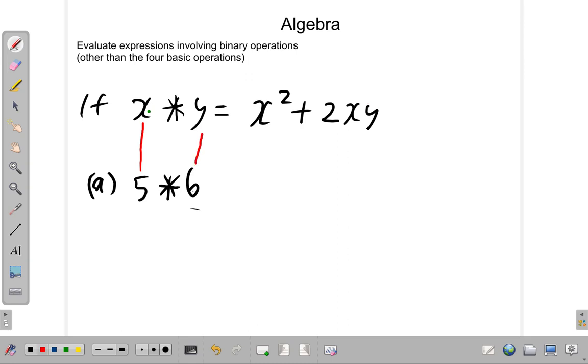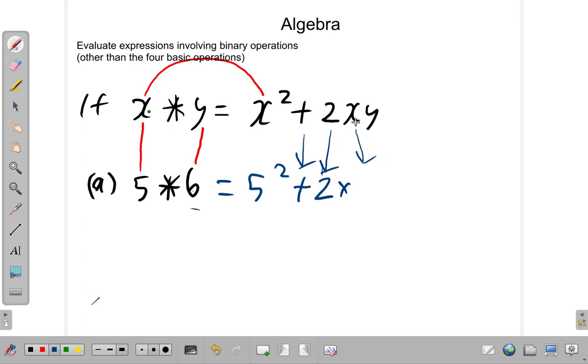You have 6 and y in the same position. Now, what is this going to be? The x comes over here as x squared. So the 5 will come over here as 5 squared. Then you have the plus. Bring down the plus. The 2. So the plus comes here. The 2 comes here. 2 times x.